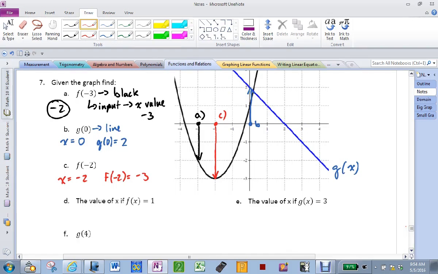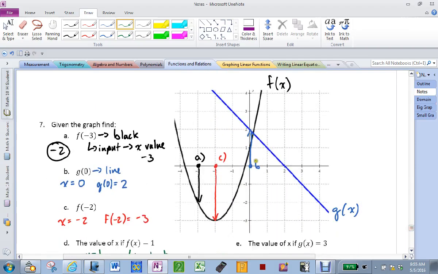All right. Now look at D and tell me what's different. What do I have? I have an output, don't I? Which means, do I have an x or a y value? I now have a y value that equals what? 1. So I go to the curved line, the parabola, because it's f of x.